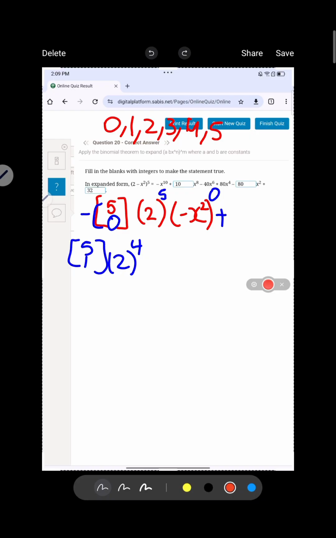And I'm just gonna put the things that they didn't give me. Anyways, they didn't give me to the power of 8, to the power of 2, and just this one. So this one, when you put it on the calculator, you put 5C0 and 2 to the power of 5. 5C0 is always 1.